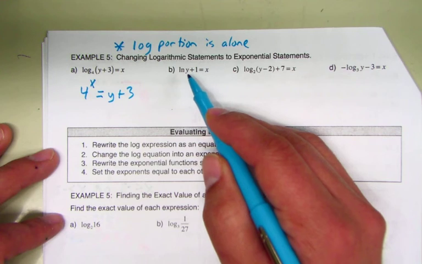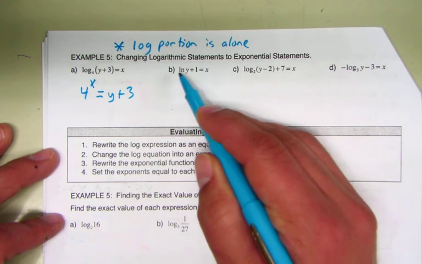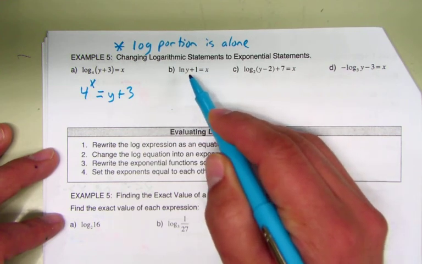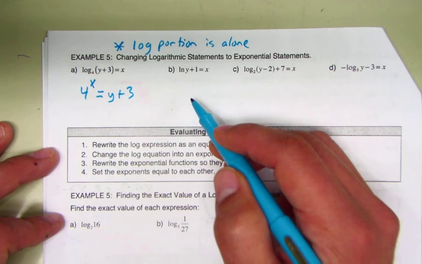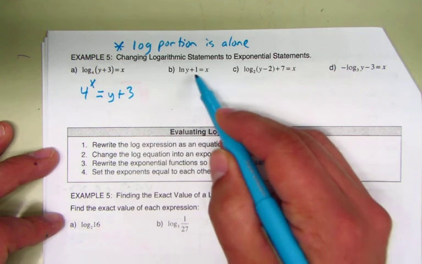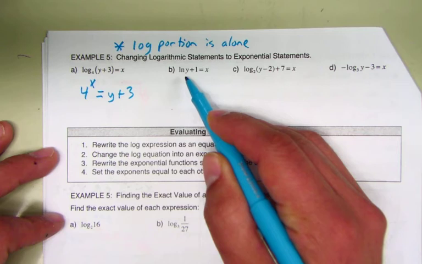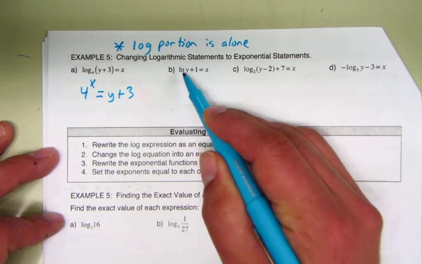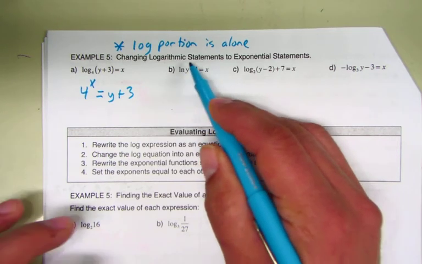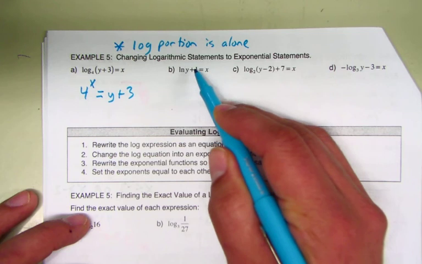Here, do you see numbers after the log? Are you sure? Really sure? After, yes. There's a plus 1 after it. This plus 1 is not inside the log. Does that make sense? What would you have to see for it to be in the log? Yes, there'd have to be parentheses here. Okay?